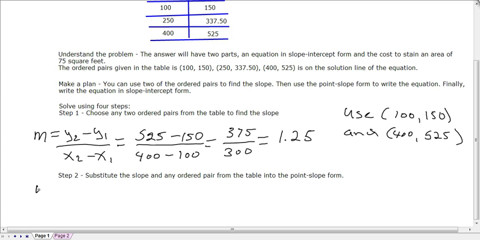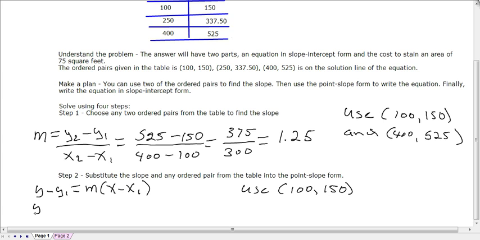Recall our point slope form is y minus y sub 1 is equal to m times x minus x sub 1. Now all we need to do is simply substitute, and let's use something real simple. Let's use 100 and 150 for our x and y points.